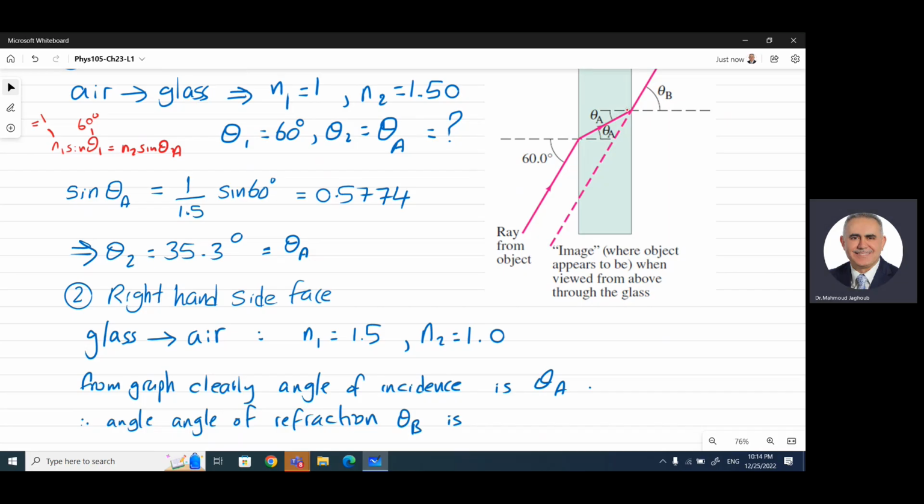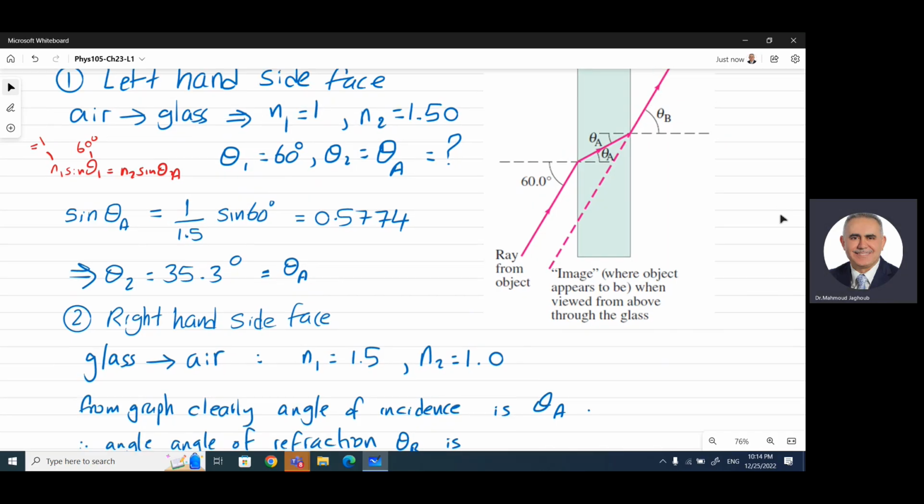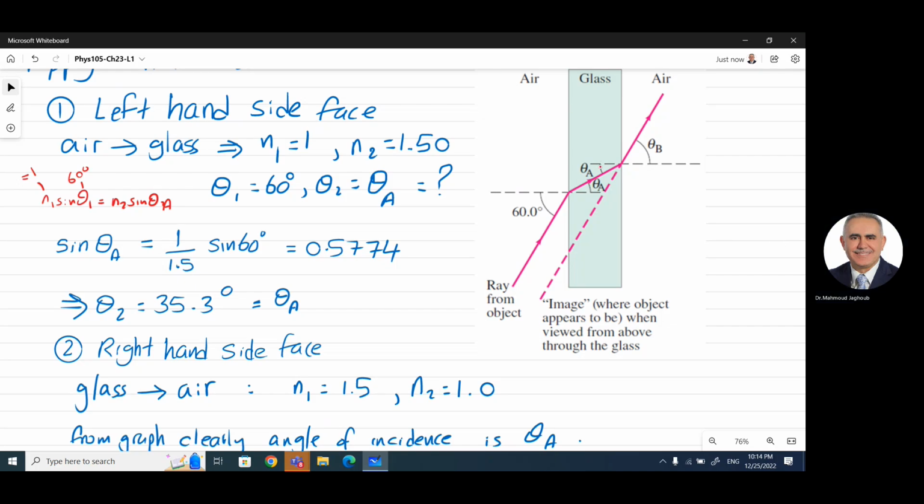طيب. Now, as the light goes from glass into air, now this is the incident light. Now it becomes an incident ray, and this is a refracted ray. So the angle of incidence now is theta A. When we were at the previous surface, this angle was the angle of refraction.